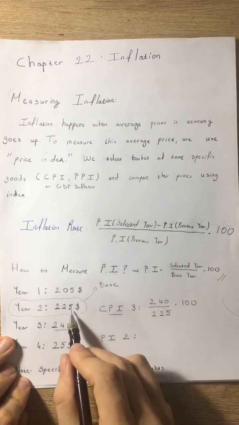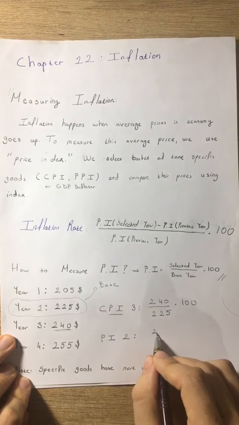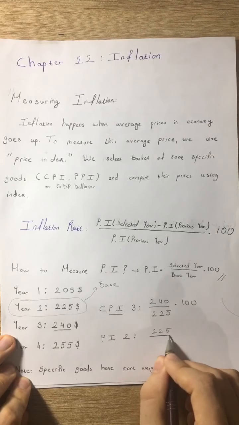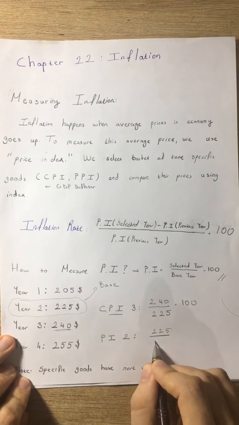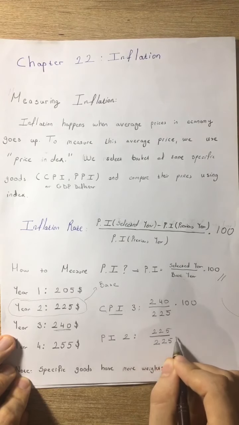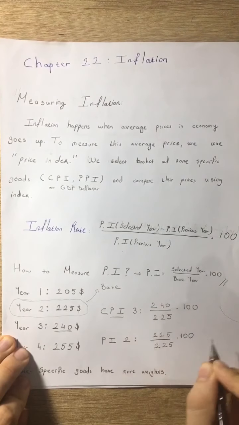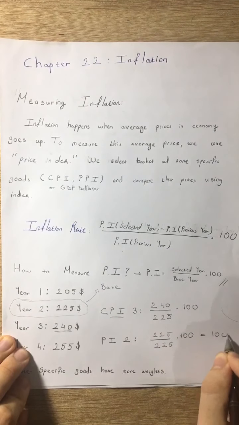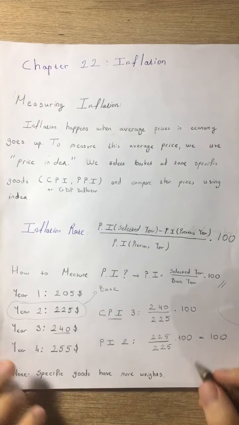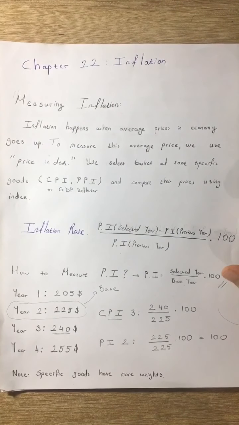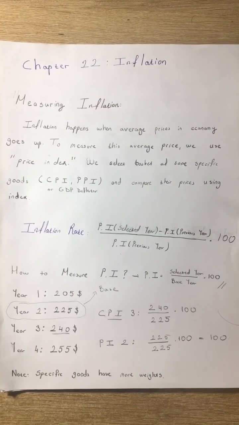We will write the selected year's price, which is 225, and divide it by the price of the base year, which is again 225, times 100. This will give us 100. I mentioned it in chapter 19: the price index of the base year is always 100, and you can see why by this formula.